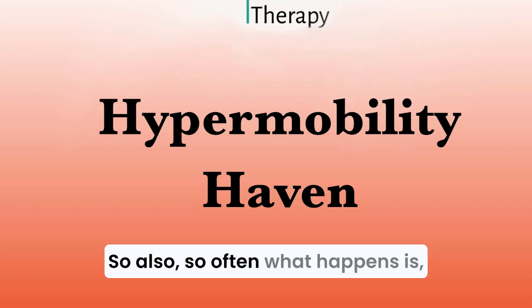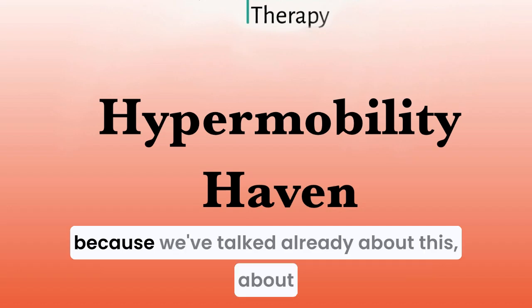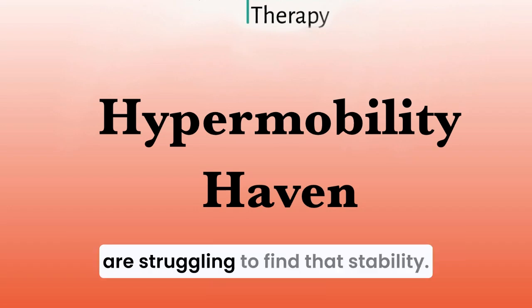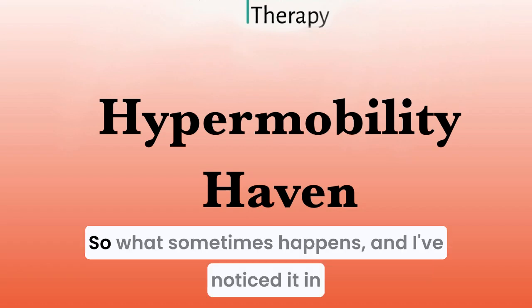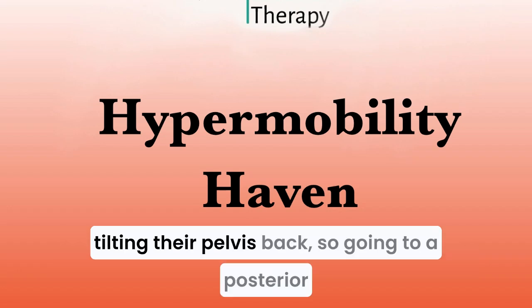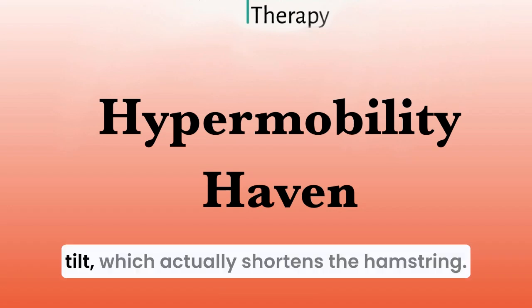Yeah, so often what happens is, because we've talked already about compensatory patterns, particularly in EDS, people are struggling to find that stability. So what sometimes happens, and I've noticed it in my own Pilates classes, is people tilting their pelvis back, going into a posterior tilt, which actually shortens the hamstring.